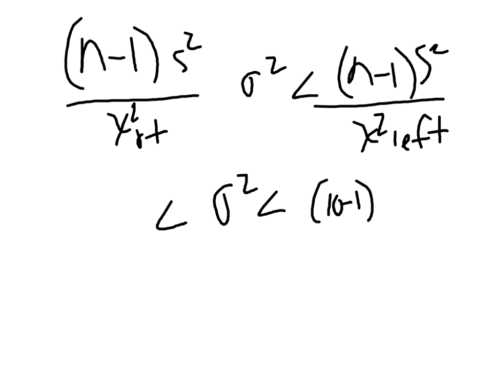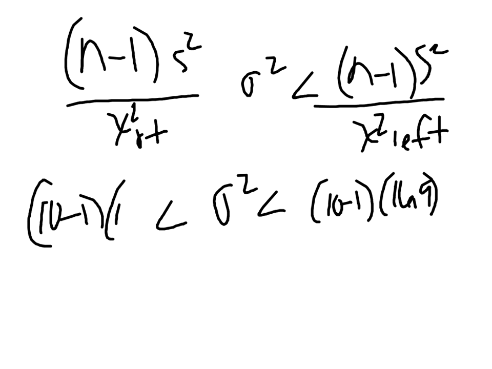And remember, it's very important, we do not square the sample variance. We figured that out to be 16.9. On the other side we'd have 10 minus 1 times 16.9, and then both of these get divided by their respective values.